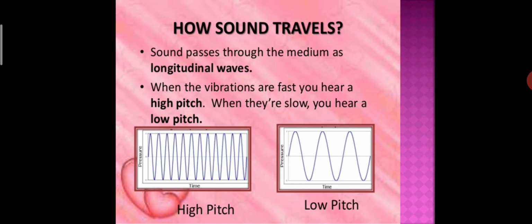When the vibrations are fast, you hear a high pitch, and when they are slow, you hear a low pitch. If the vibrations are fast, we hear a high pitch sound, and if the vibrations are very slow, we hear a low pitch sound. Okay, students?